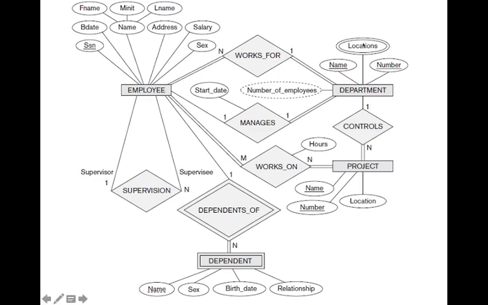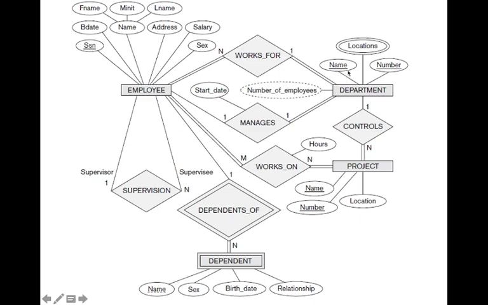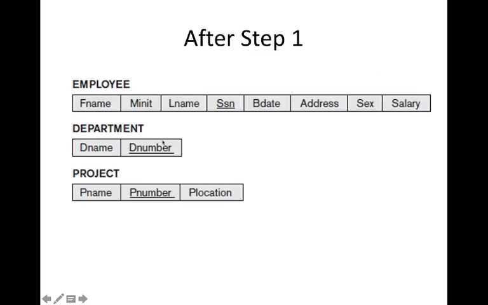So we simply leave out locations and take only name and number. Name is a key attribute, and number is also a key attribute. You can take any one of these and make it the primary key. So we have taken D number as the primary key.